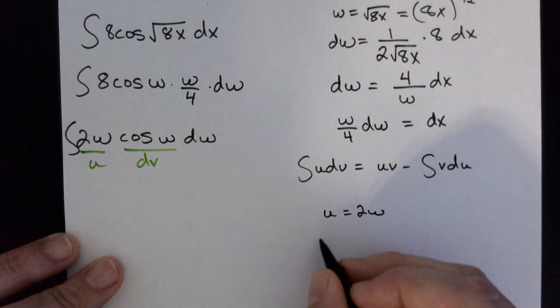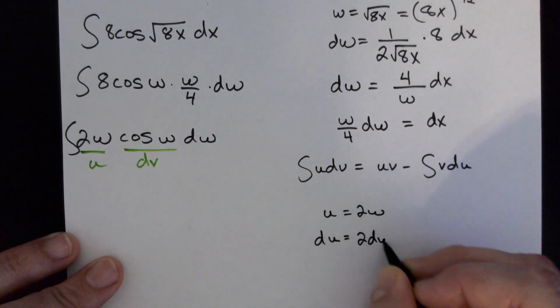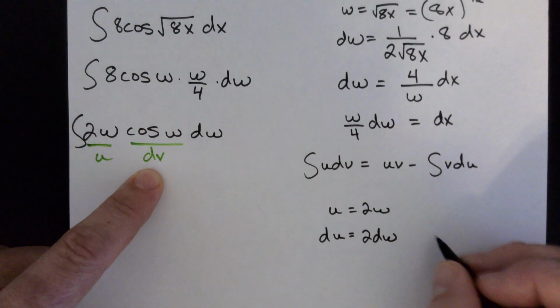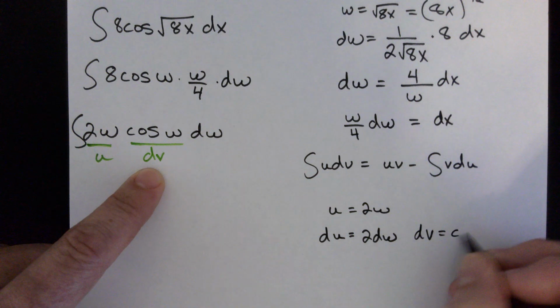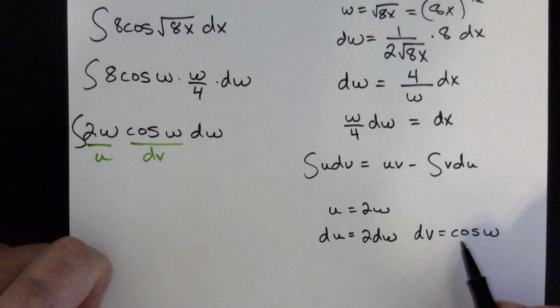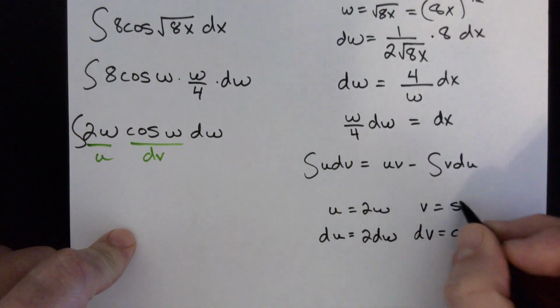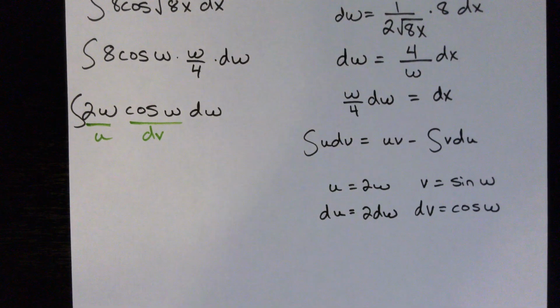The du, taking the derivative of that, is 2 dw. For the second part, I choose dv, which is cosine of w. If I take the antiderivative of cosine w to find v, that's just going to be sine of w.